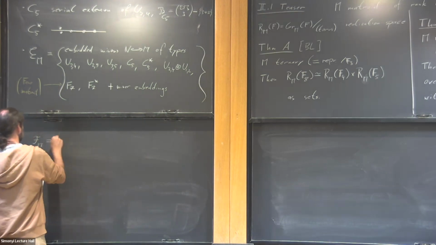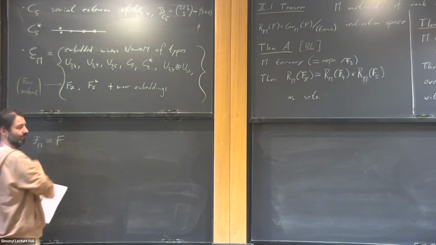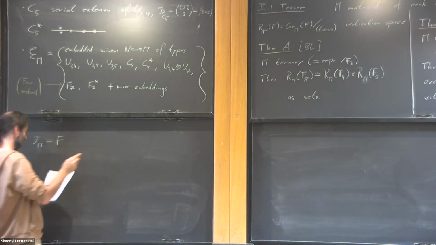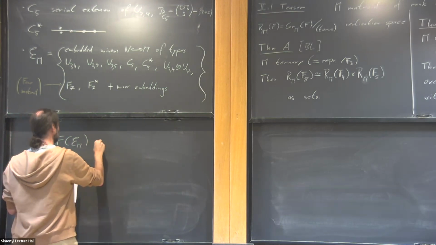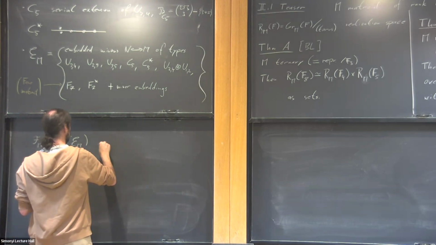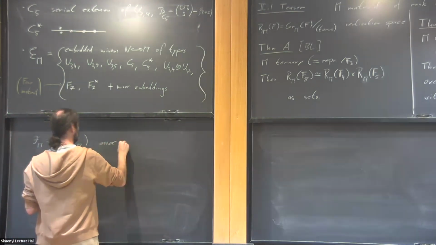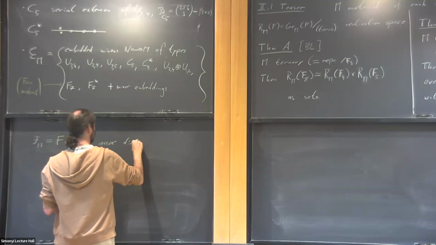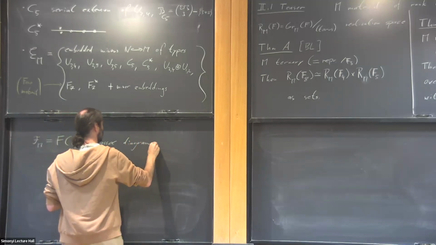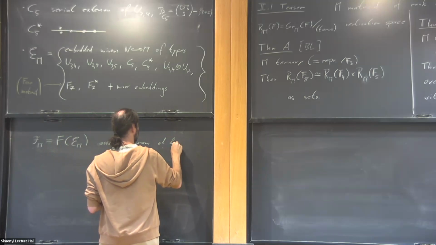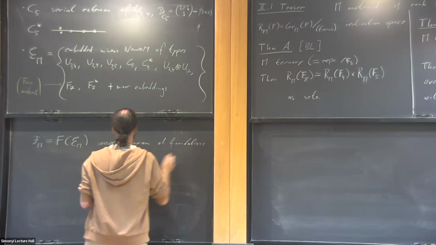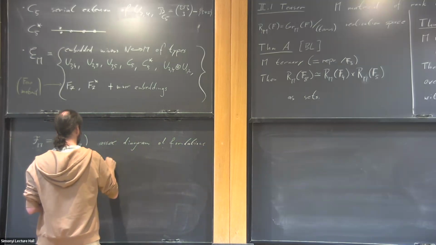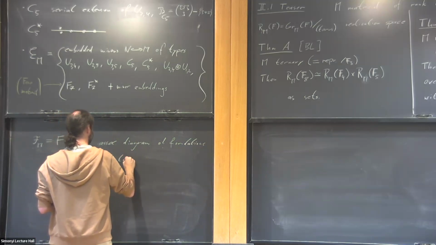So this is applying the foundation functor to the diagram of M. So this is the associated diagram of foundations and pasture morphisms.